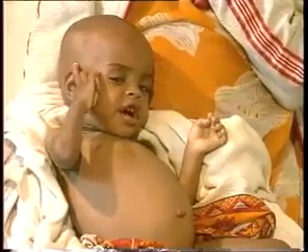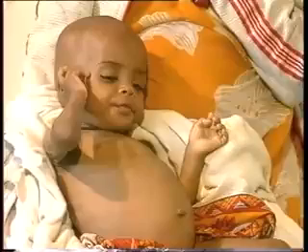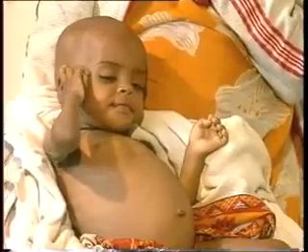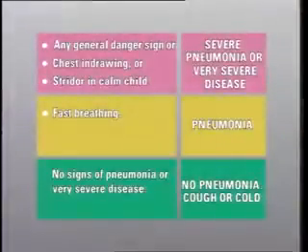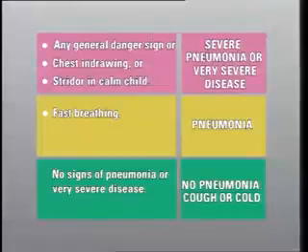We could hear no harsh sound as Jenny breathed in. Therefore, we decided Jenny does not have stridor. Jenny has a cough, fast breathing, no chest indrawing, no stridor, and no general danger signs.